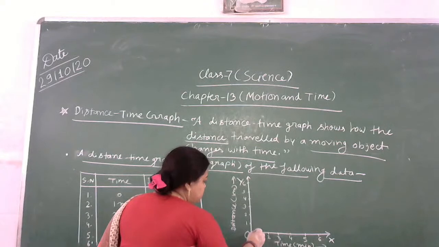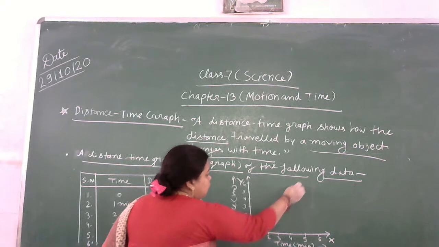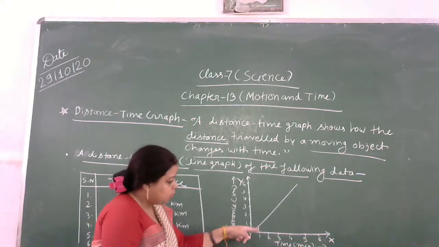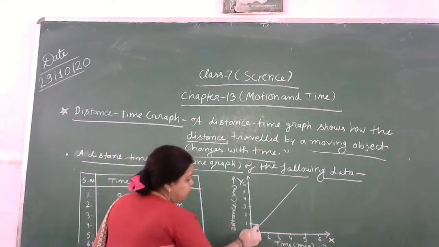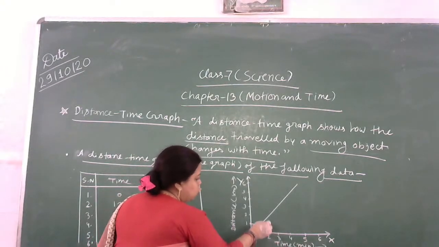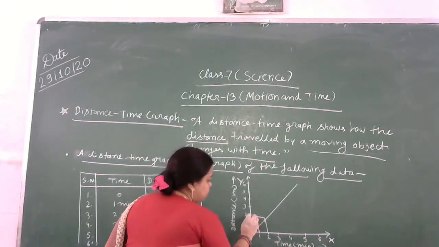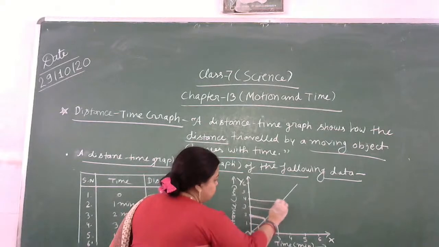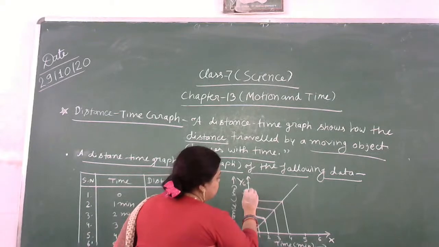When we cross, that is 1 minute and 1 kilometer, 2 minutes and 2 kilometers, then 3 kilometers, then 4, then 5.